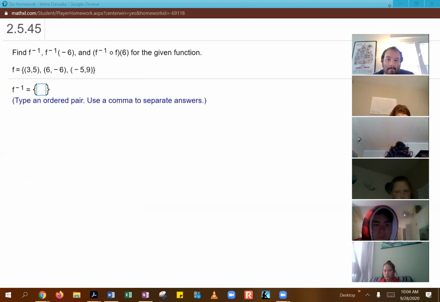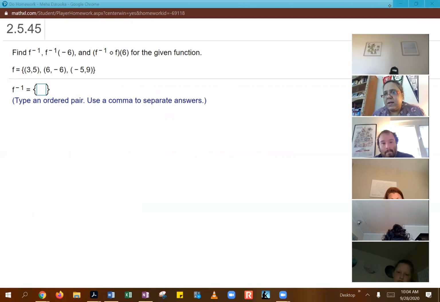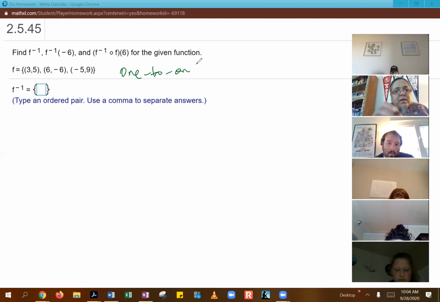No? Katie, Arthur, I'm seeing you guys say no. Yeah, because you can see, there's three ordered pairs, right? And your y values are 5, -6, and 9. So we're not seeing any repetition happening in our y values. So we know this guy is definitely 1-to-1. So if it is 1-to-1, then, of course, we can find its inverse.